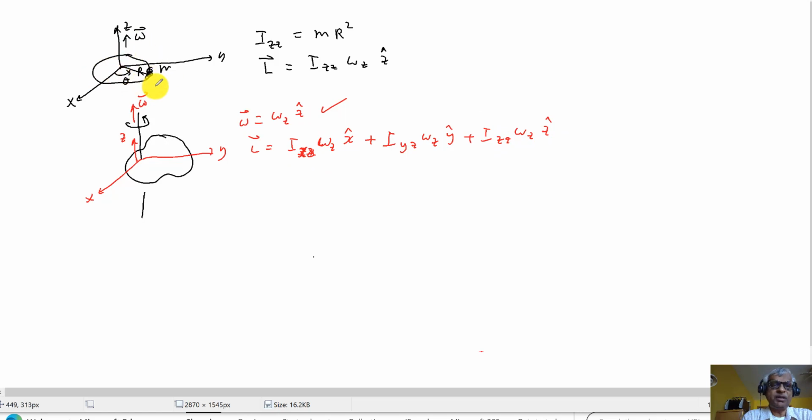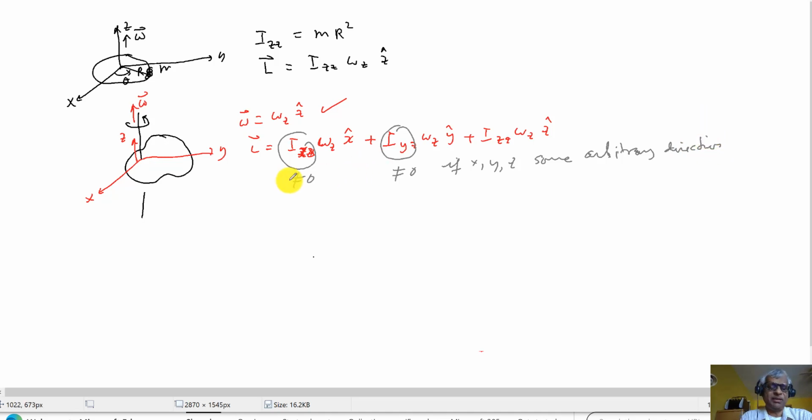And unlike over here, these are not zero anymore, if x, y, z are some arbitrary directions.